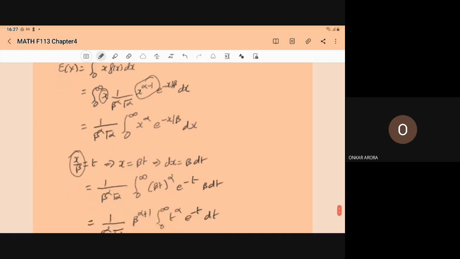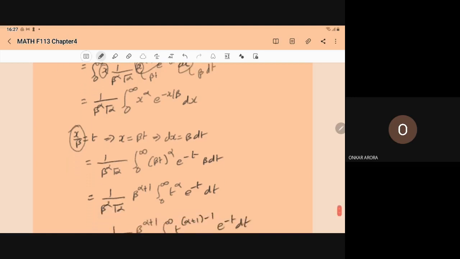So when we resubstitute, in place of x we put beta into t, and in place of dx we put beta into dt. So here it will give 1 upon beta to power alpha gamma of alpha, 0 to infinity, beta t to power alpha e to power minus t, beta into dt.